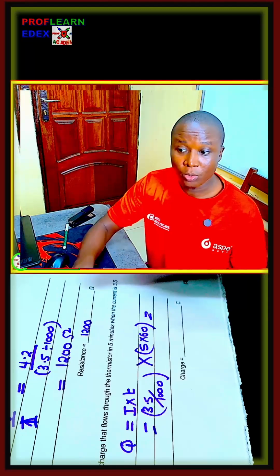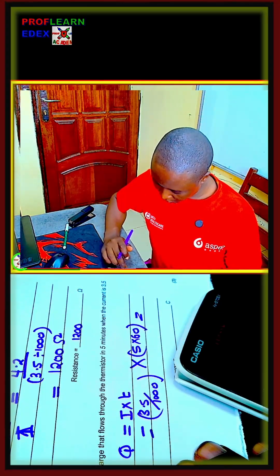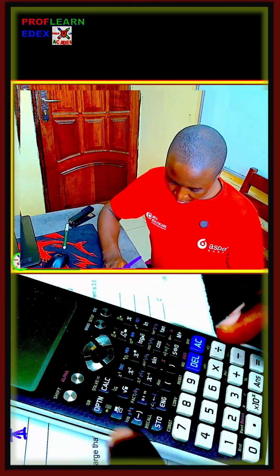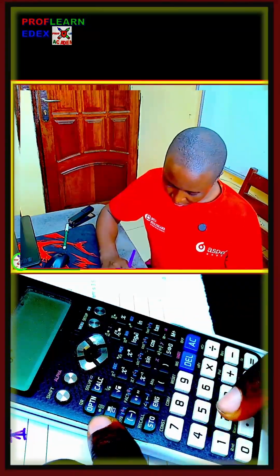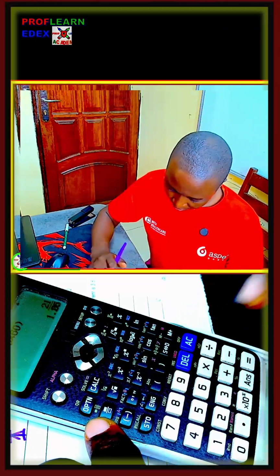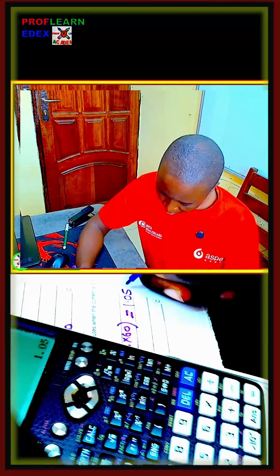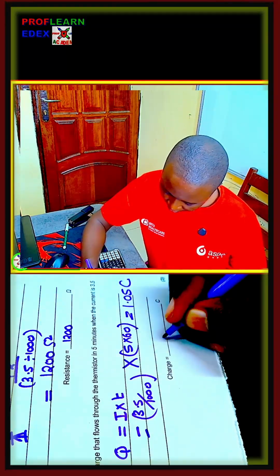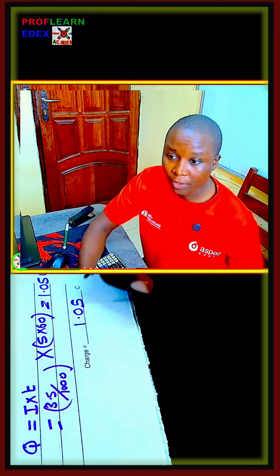You have to ensure that you remember all those concepts and that everything is in the right units. If we work this out, we get 1.05 coulombs. We just transfer it here to make the examiner happy. No extra mark for that.